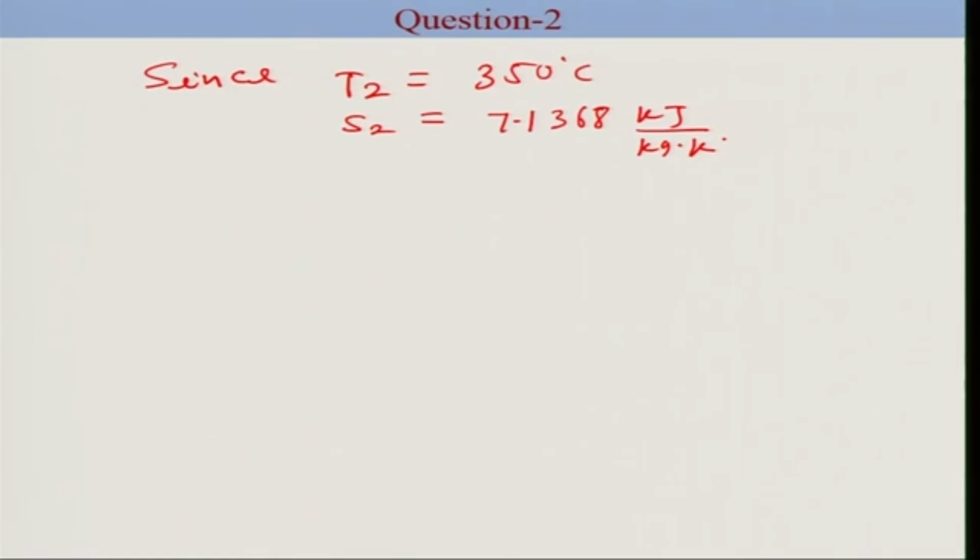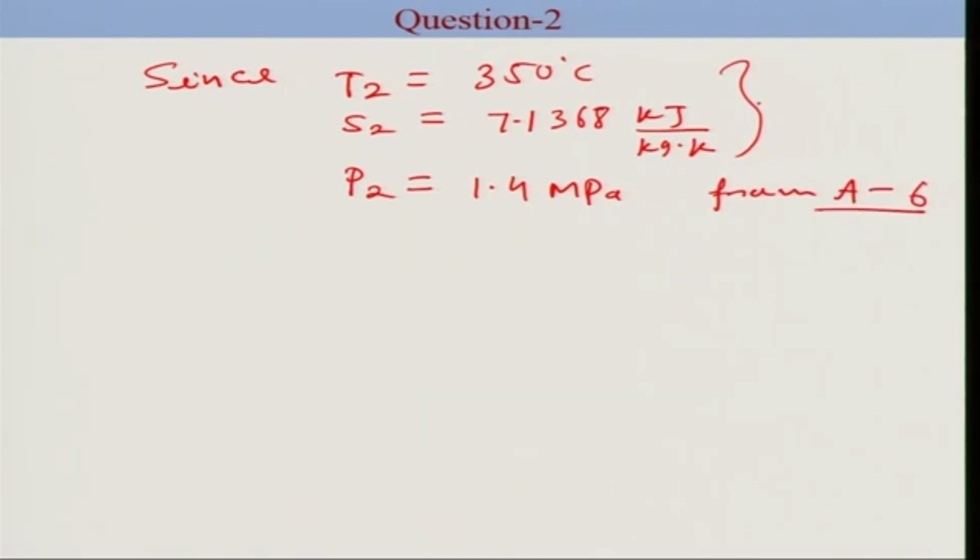Now, we know the state 2 information, T2 and S2. So, corresponding to this condition we can calculate P2, which is 1.4 mega Pascal, and this can be taken from table A6 corresponding to this condition.